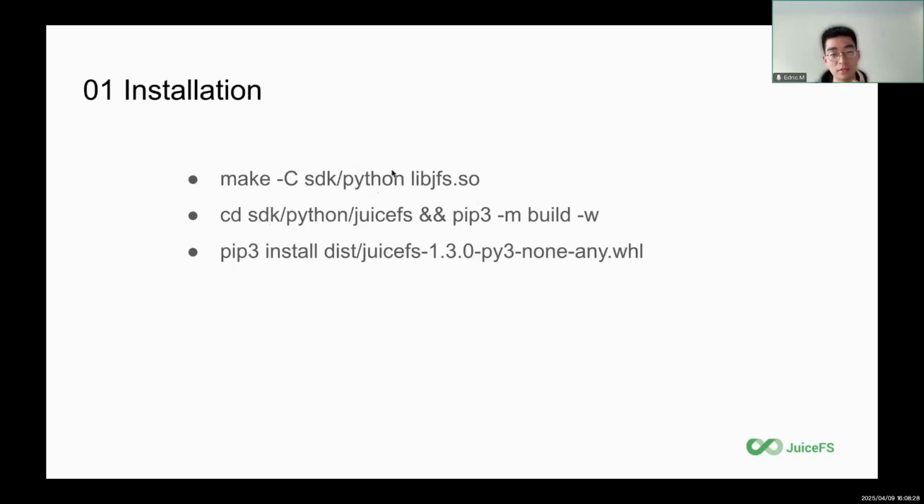We implemented an object for our JuiceFS client within this dynamic link library. Here, in the Python SDK, we have exposed some of the methods from it through Python. So, the entire installation process is not very complicated. One part is compiling this dynamic link library, and the other is packaging a Python package. Just install it, and that's it.